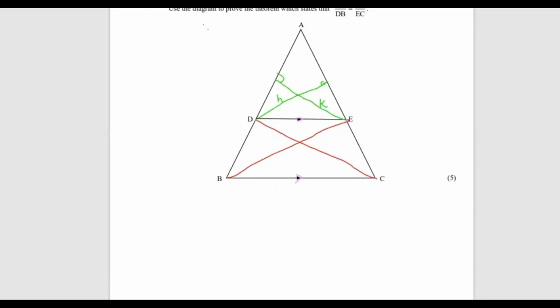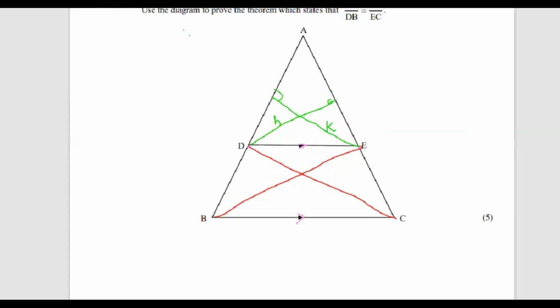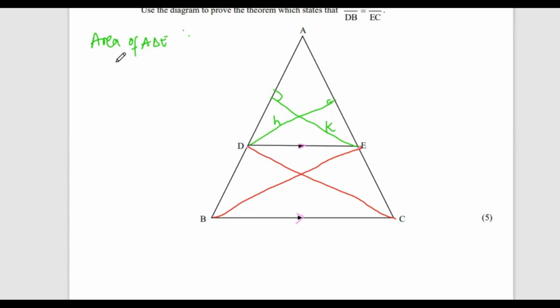Then let's do the proving now. When you're proving, we always look at the areas. So we're going to say that if we look at the area of triangle ADE, let me just focus on this top triangle first, over the area of the DEB.